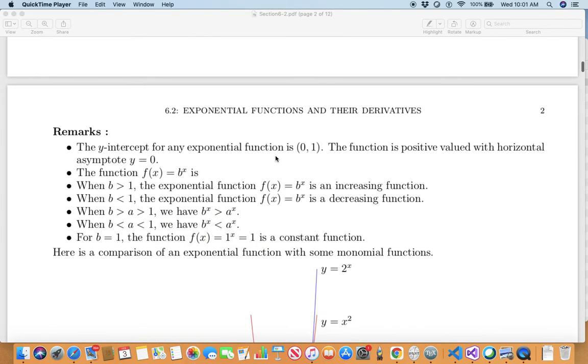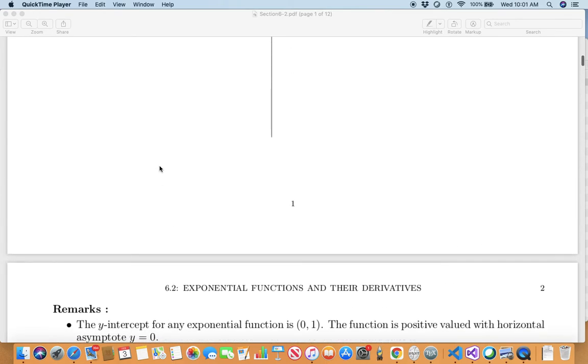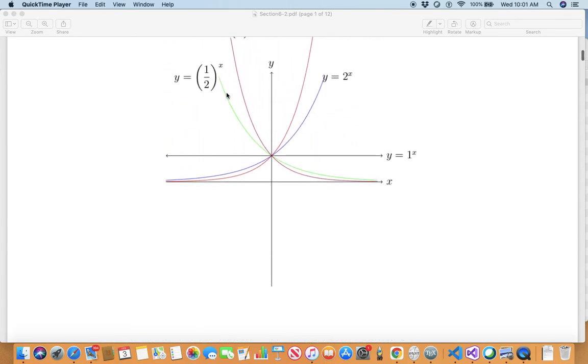The y-intercept for any exponential function is (0, 1). The function is positive valued with horizontal asymptote y equals 0. Look, all the graphs are above the axis.